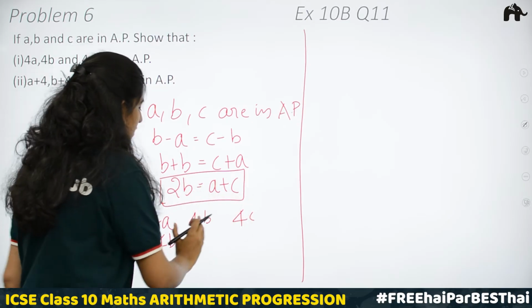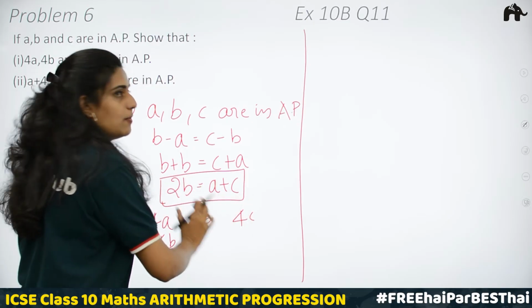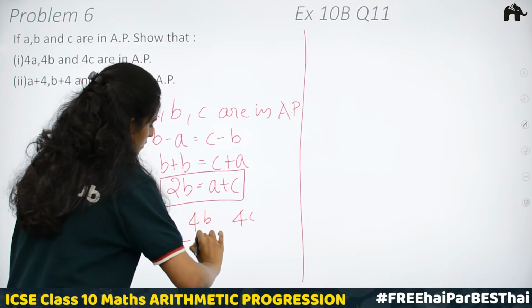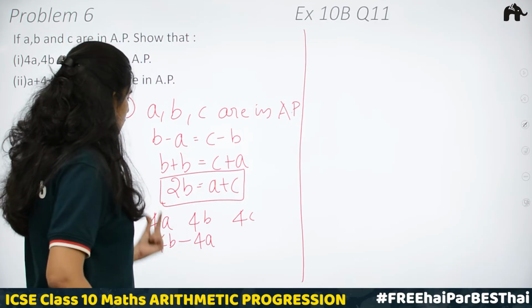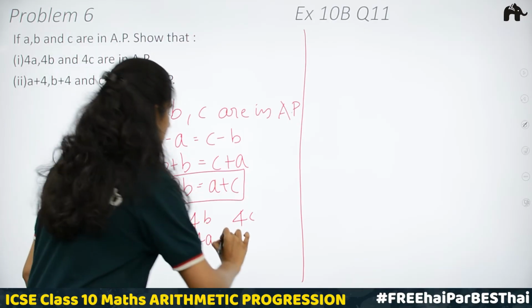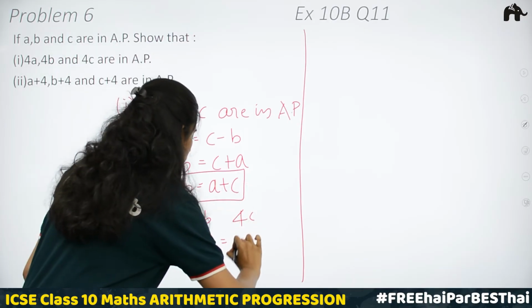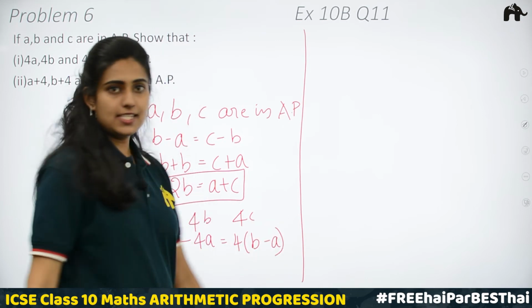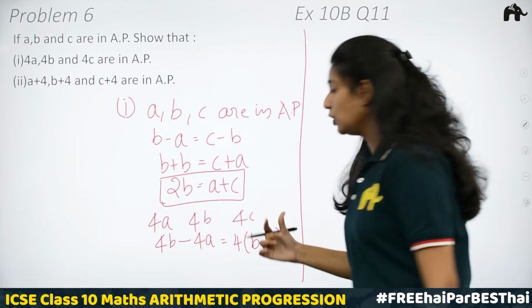Let us see what the difference between the first term and second term is. Here the second term is 4B and the first term is 4A. Okay, 4B minus 4A, that is equal to 4 into B minus A. Yes, you can write it as 4 into B minus A.